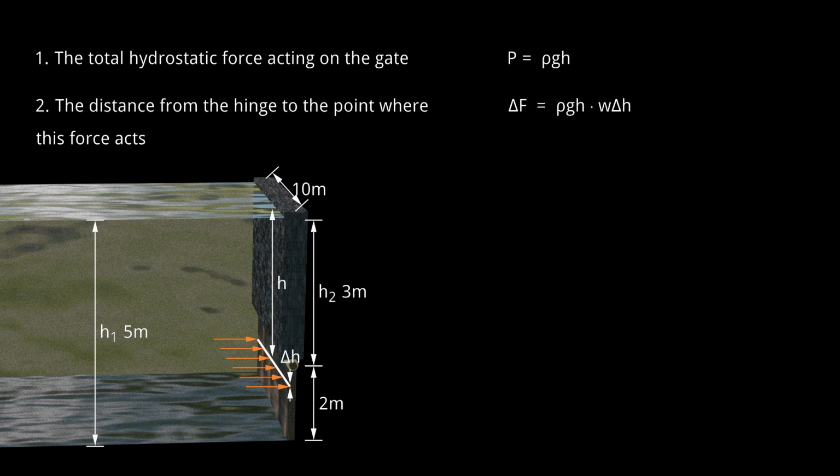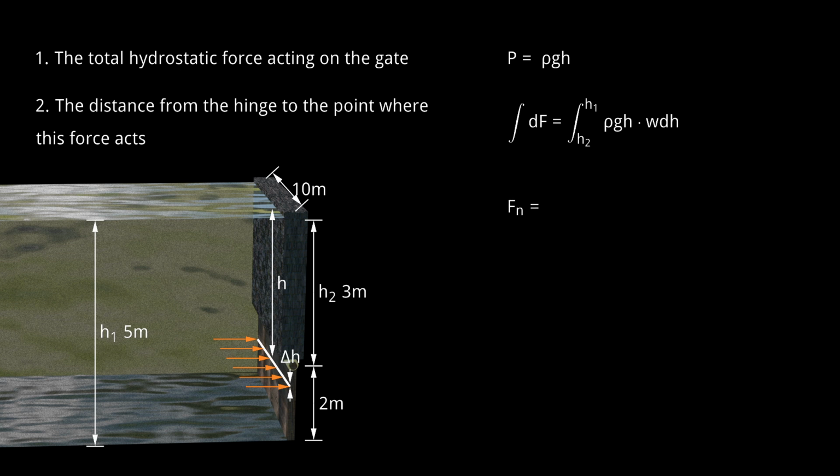To find the total force acting over the full height of the gate, we add up the forces on all such small strips from top to bottom. This summation becomes an integral over the vertical span of the gate, in this case, from 3 meters to 5 meters depth, since the gate is 2 meters high and located at the bottom of a 5-meter deep reservoir. Let's continue using H1 and H2 for now, because I want to walk you through an easier method to calculate the total force without using calculus.